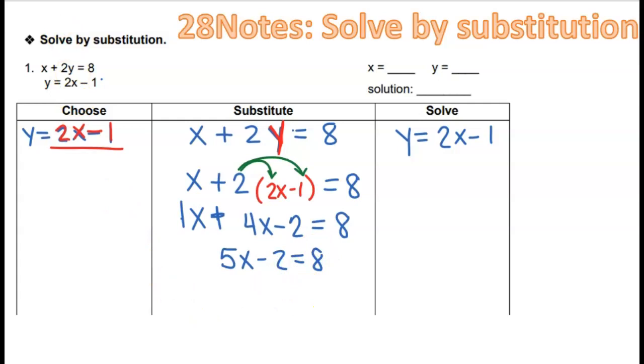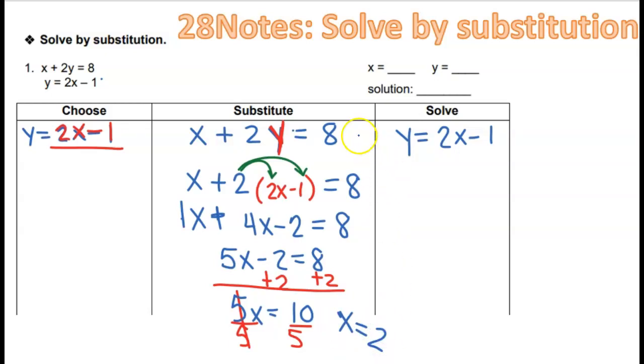I need to get the x by itself. So I'm going to add 2 to both sides. I need x by itself, so I need to divide both sides by 5. And so x equals 2.